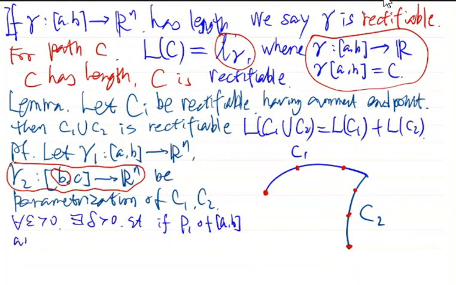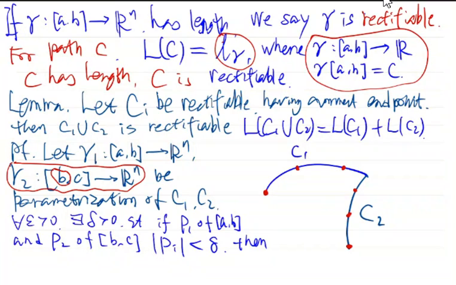and P2 of BC verify gap less than delta, then the length of the inscribed polygonal will be very close to the length of C1 and C2.